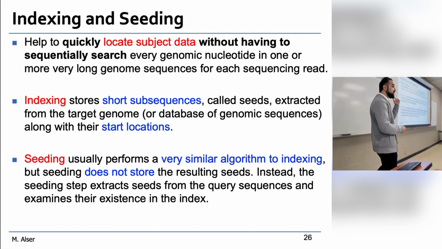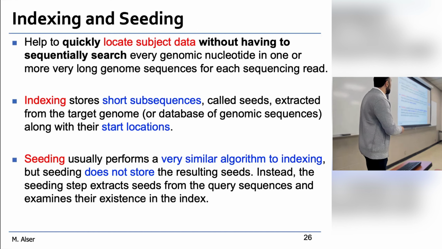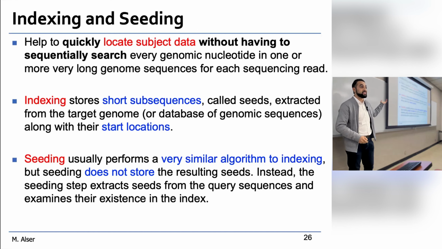Hopefully this is now clear to us. What do we mean by sequentially searching that file, and what does it mean to save us from doing that? Now, the first term, indexing, stores short subsequences, which are the things that we call seeds or k-mers, extracted from the target genome, which is the FASTA file in our example.